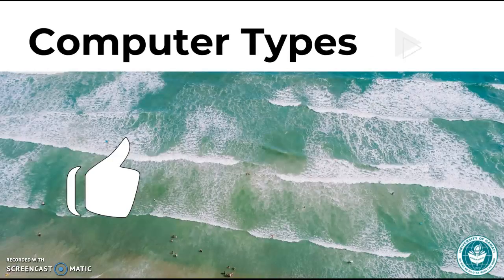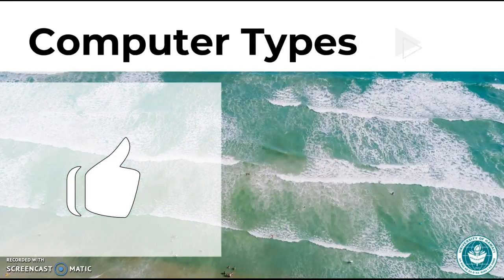Two common computer types are laptop computers and desktop computers. Laptop computers are great, especially if you want to take your device with you, as these types of computers are mobile. A laptop is really fantastic if you're wanting to carry your computer with you. A desktop computer is a stationary computer, meaning it usually stays on a desk and it's not very mobile because of its weight and size.